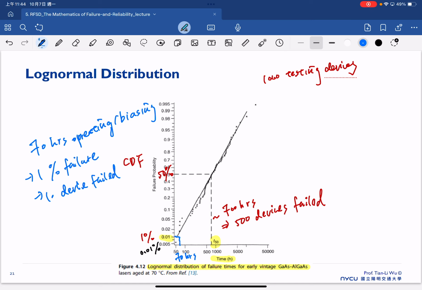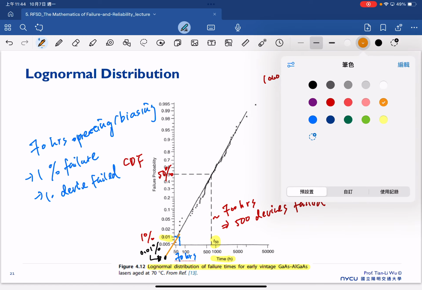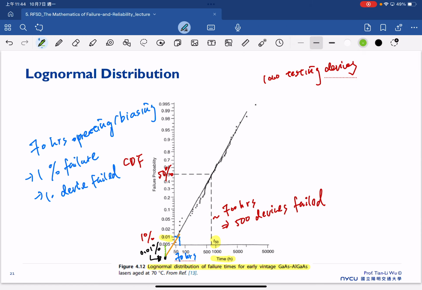If we extend this plot to somewhere here, and let's say this point is 0.01 percentage, then we can start to estimate the time here. So this will be the T for the 0.01 percentage value, and probably that will be equal to 10 hours.